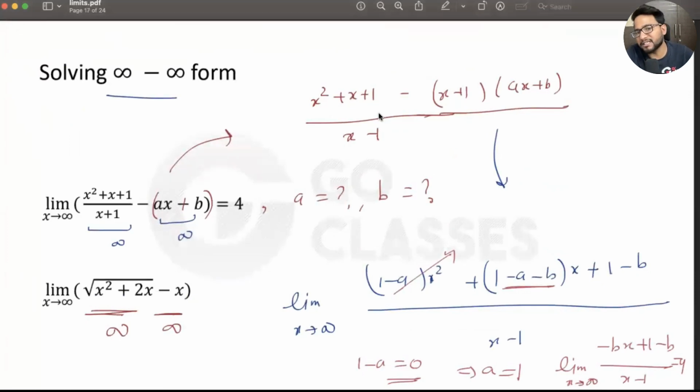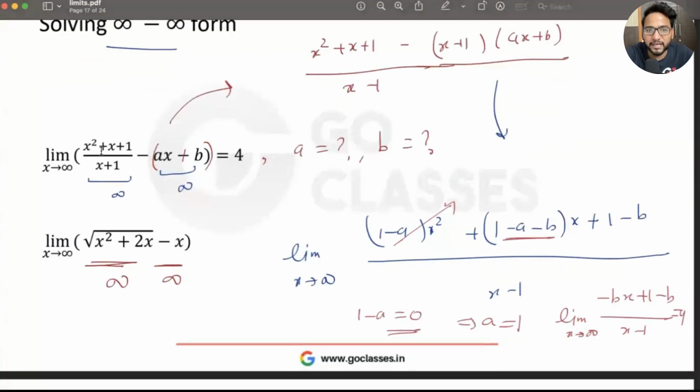Now, the infinity minus infinity form may occur. In this kind of form, can anyone tell me what is the main trick that we apply? What is the main trick? Yes, we try to combine both of the functions, right? If an infinity minus infinity kind of formulation is there, we try to combine both of these functions. Is this okay to everyone? Okay. So basically here, if it is infinity minus infinity, how can you combine?